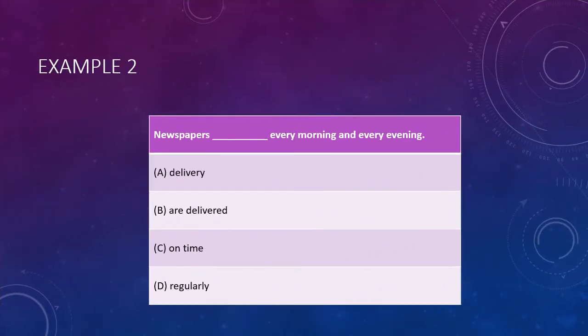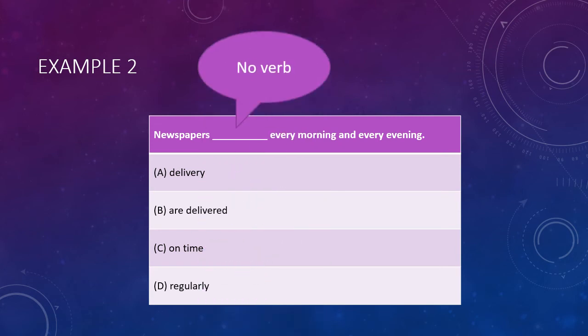Let's take a look at sample number 2. Newspapers, blank, every morning and every evening. Newspapers is a subject, right? And is there any verb in the sentence? No, the sentence is missing a verb. So which one is the correct answer for this sentence?